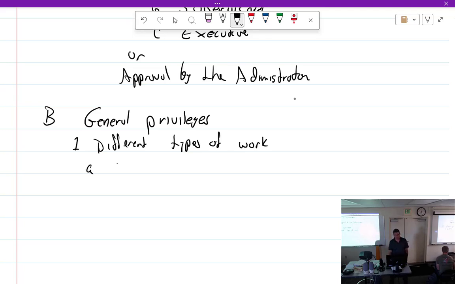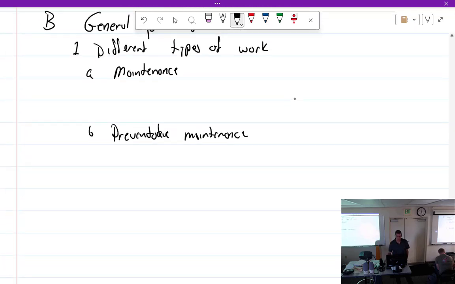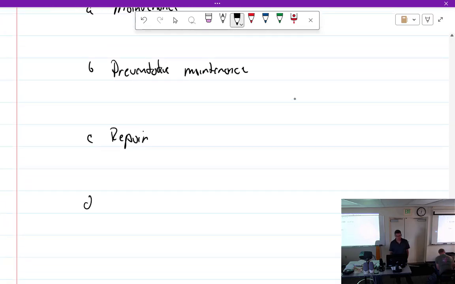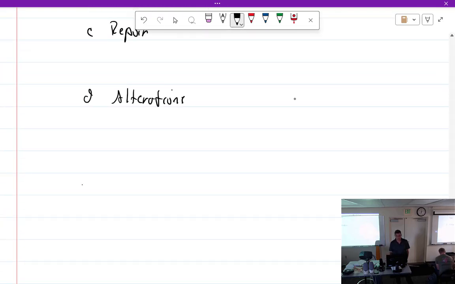We have maintenance. Preventative maintenance. We have repairs. We have alterations. We have major repairs.